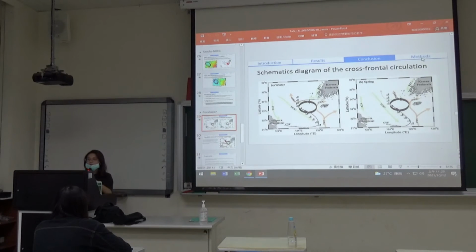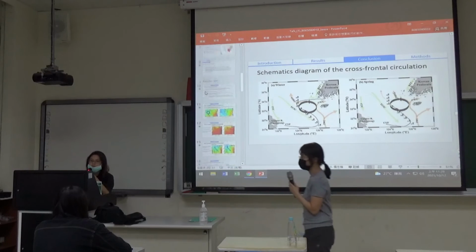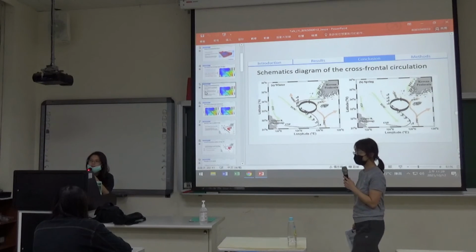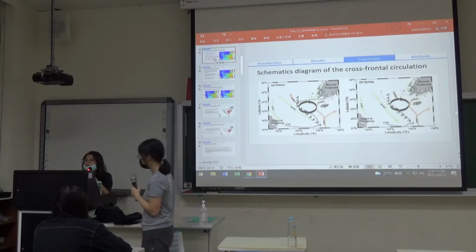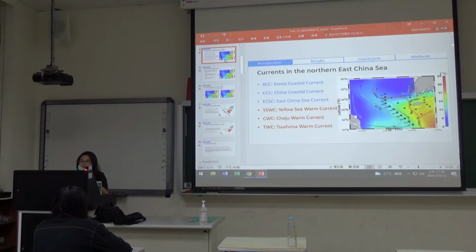You mean why we should talk about the currents in the previous part, or the other meaning? I mean, the benefit of observing the current. What do you mean by benefit? Why should we study currents? Sorry.